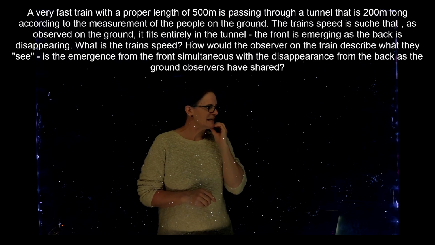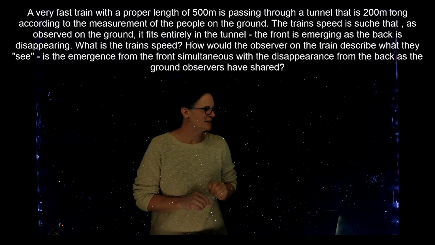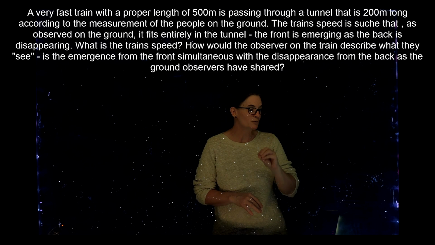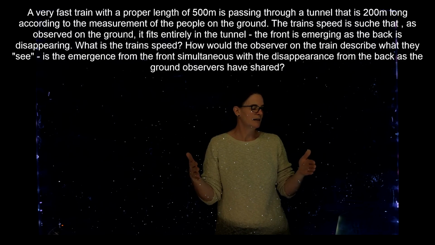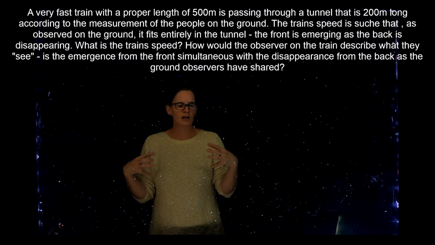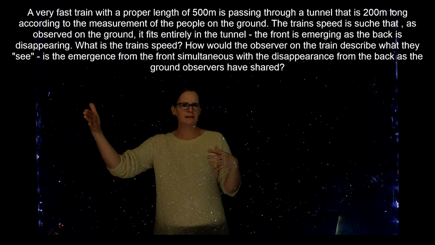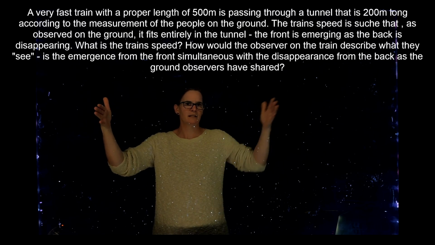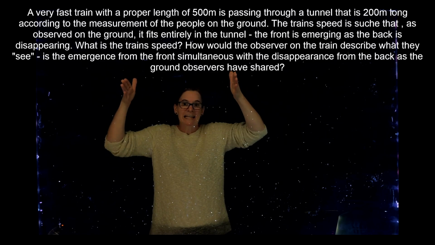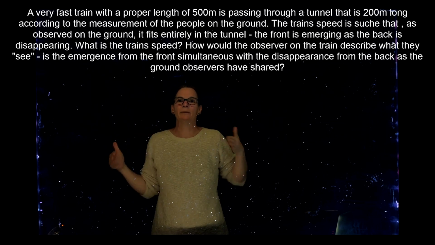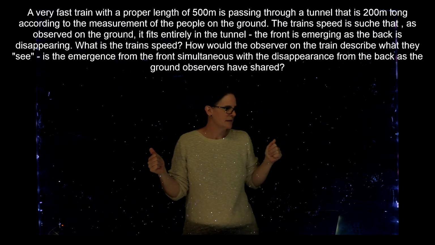The train speed is such that, as observed on the ground, it entirely fits inside the tunnel. That means for an observer on the ground, the front of the train is just emerging from the end of the tunnel as the back of the train is just disappearing into the tunnel, so that the length of the tunnel is exactly equal to the length of the train.